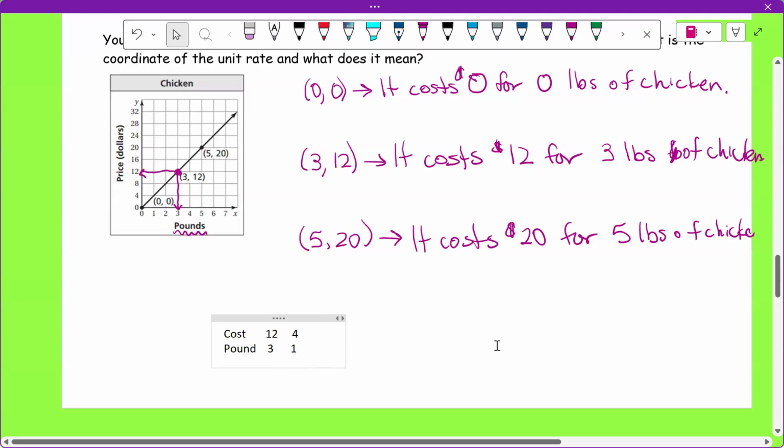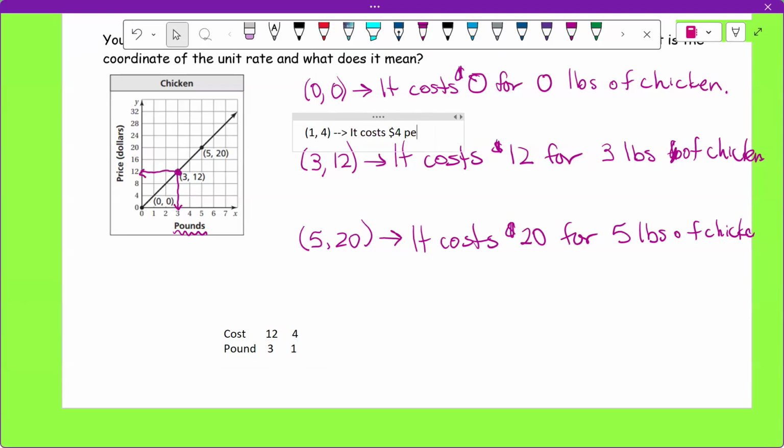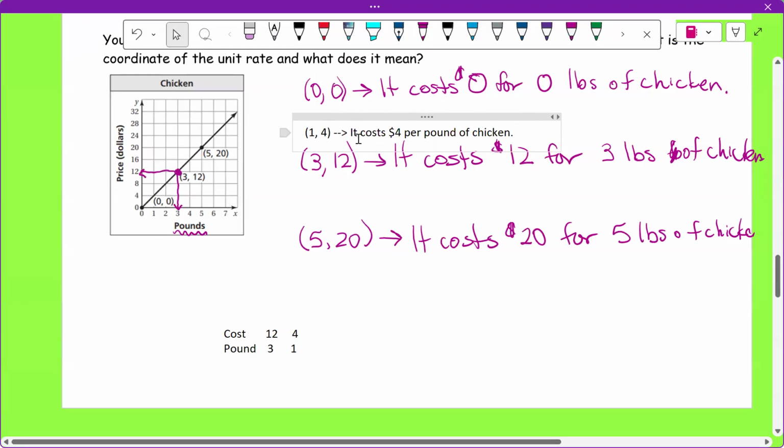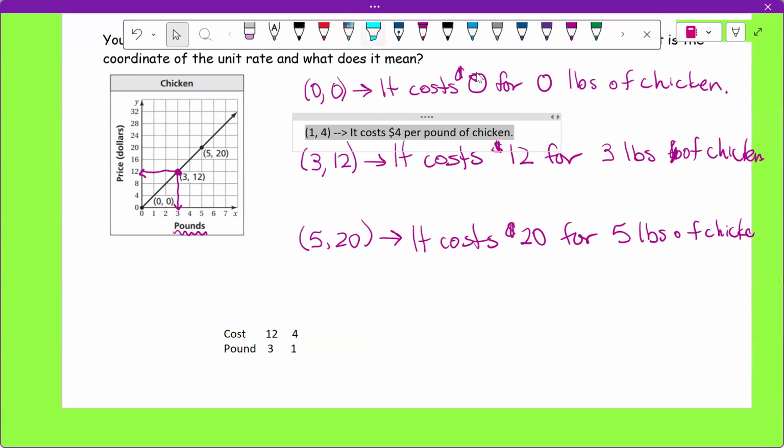So our unit rate is 4, which means it costs $4 per pound of chicken. So we figured out our unit rate. And that does look like that point on the graph, but we want to prove it.